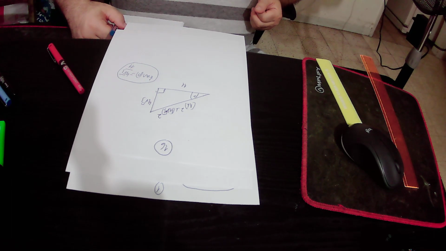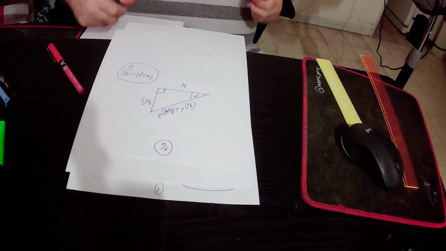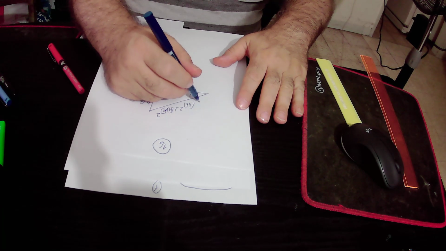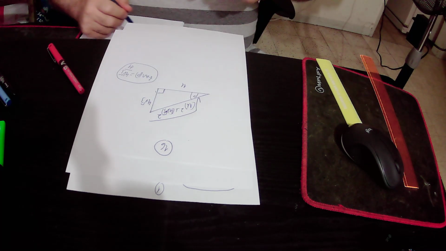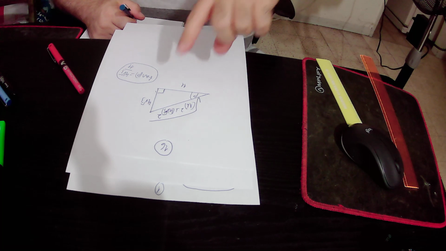But we don't want the square of the hypotenuse but the hypotenuse itself, so we will take the root of the square of the hypotenuse in order to get the value of the hypotenuse itself.